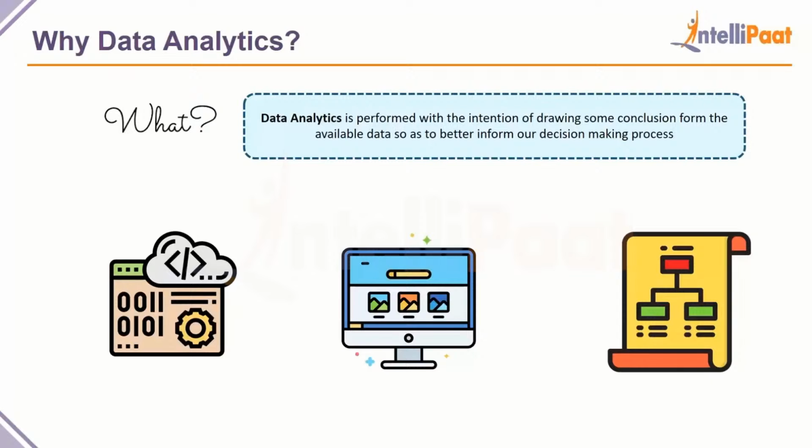Now that was a bit of a hypothetical situation, but you can use data analytics to your own advantage as well. Suppose you are collecting data about the kind of books that you read, about the kind of books that your friends read, about the kinds of movies that you've been watching, about the kinds of movies that your friends and family have been watching. And what you can do using data analytics is then understand the shape of the data. What kind of movies do you usually prefer to watch?